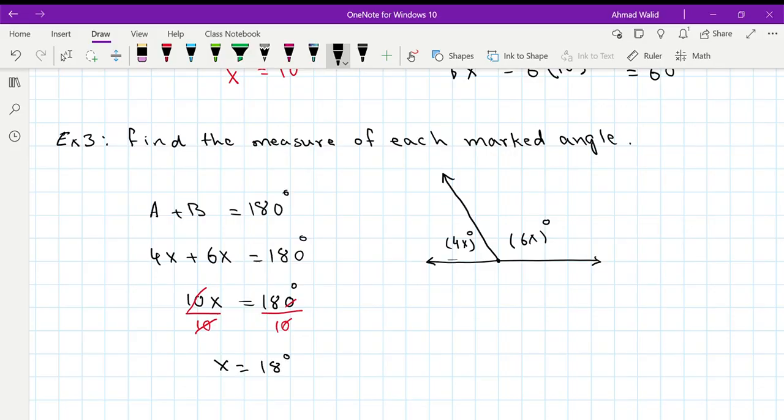As soon as you know X, it's easy to find these angles. You have enough algebra because you are in a trigonometry class, correct? Then 6x equals 6 times 18 degrees, which gives you 108 degrees. 4x equals 4 times 18 degrees, which gives you 72 degrees, correct?